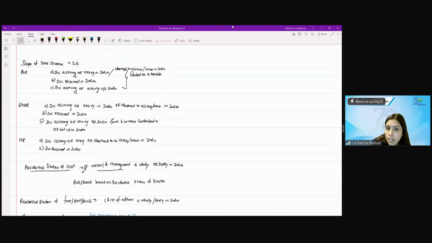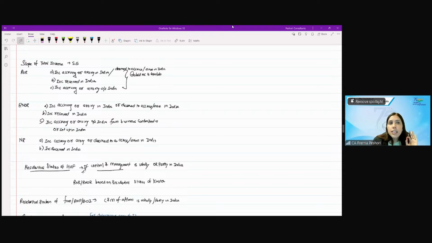Is the understanding clear? So here, for section 5 purposes, the income accrue or arises. For example, interest accrues on the FD throughout the tenure of FD, but it becomes due only on the maturity of the FD. Are we clear about this? Yes or no?